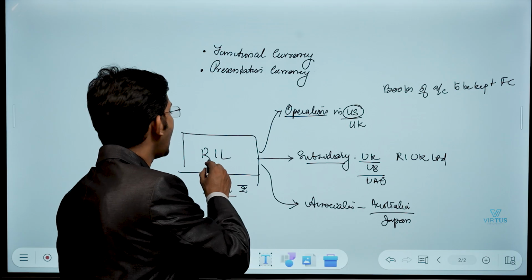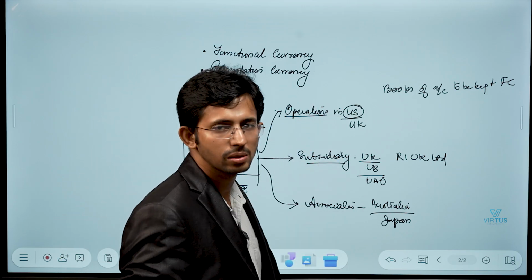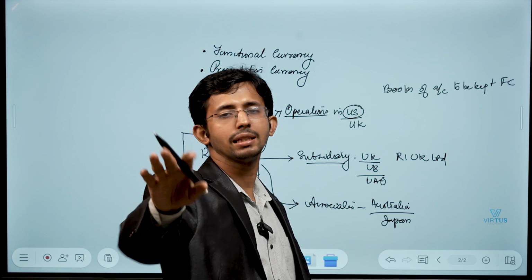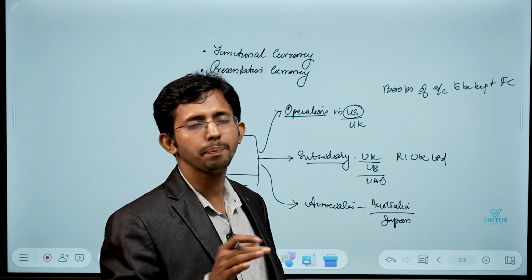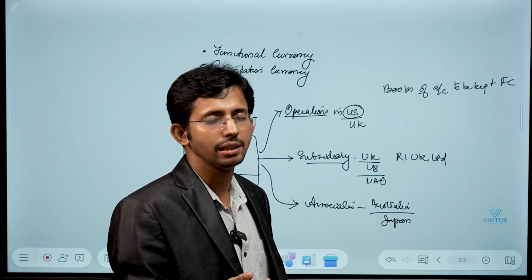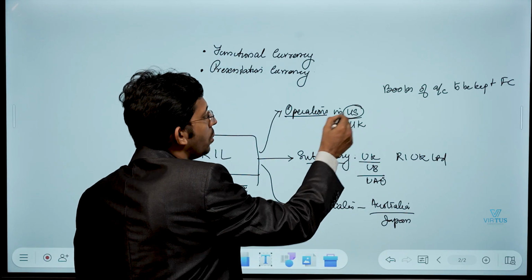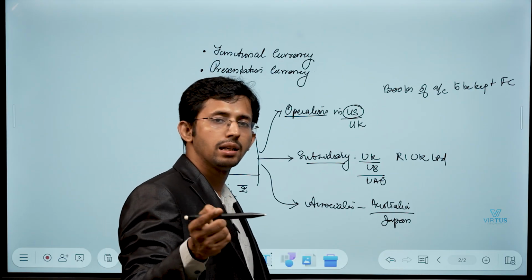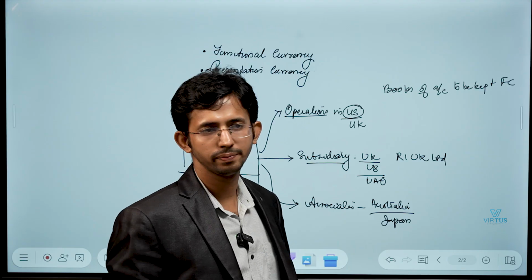So can Reliance Industries Limited tell the US, see, we agreed we have an operation in US, it's a big operation, but we don't want to keep our books of accounts in your currency, rather, we are an Indian company, so we will keep the books of accounts for this US operation in Indian rupee? Will it be okay for the US government? No.